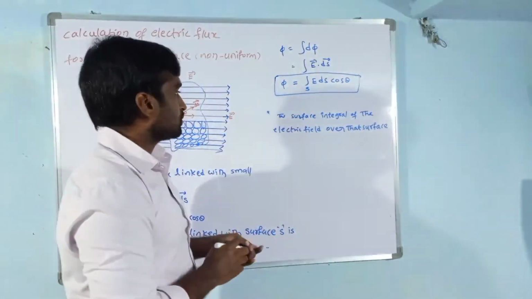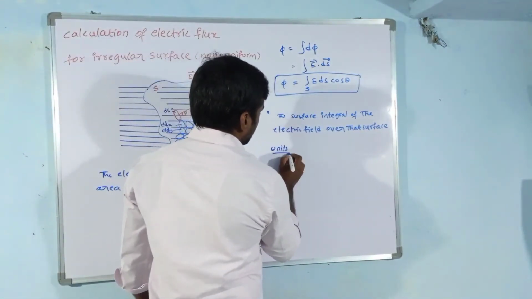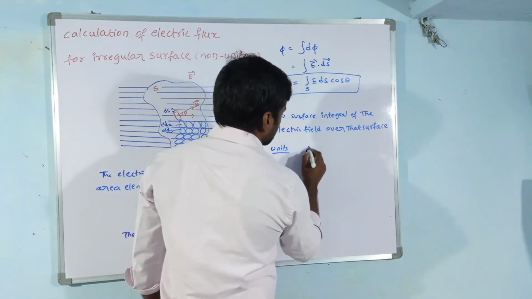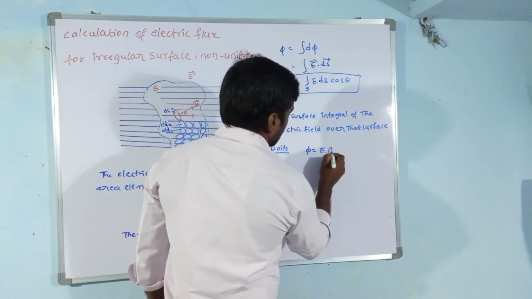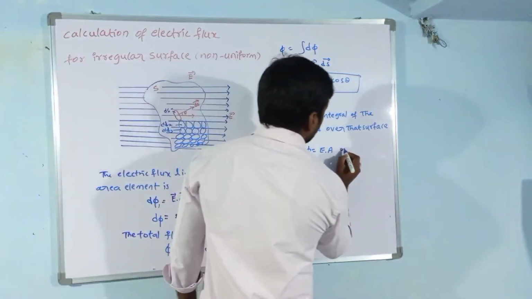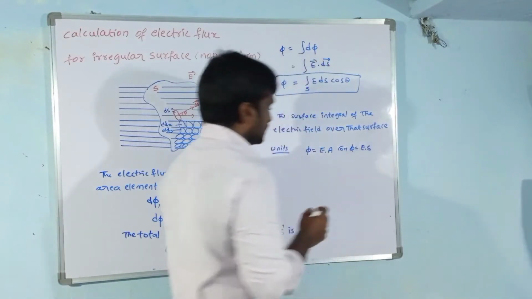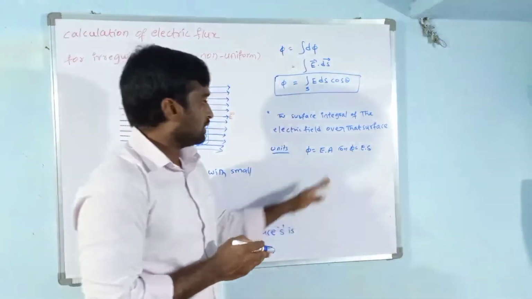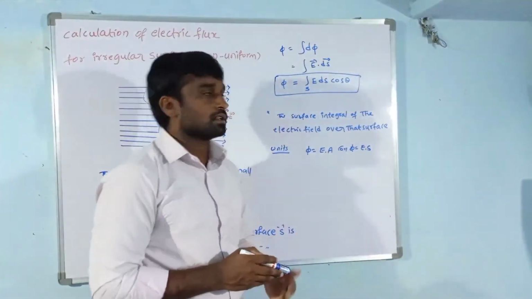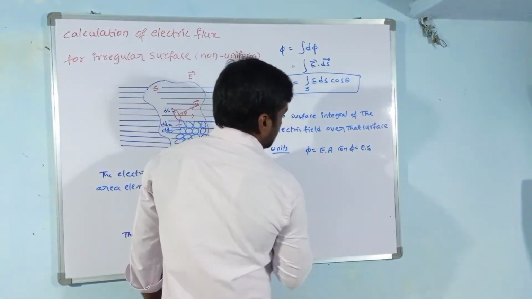Now, what are the units of the electric flux? The formula is Φ = E·A, or if we take the area as S, Φ = E·S.